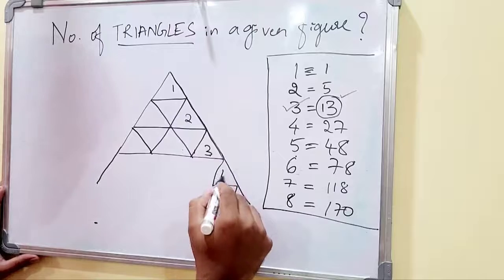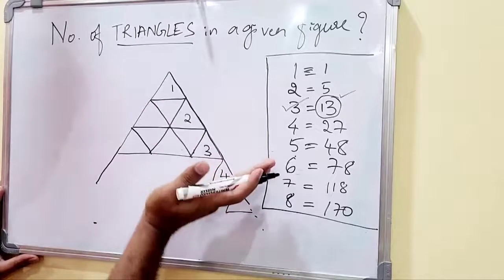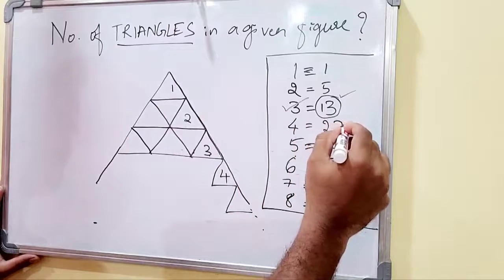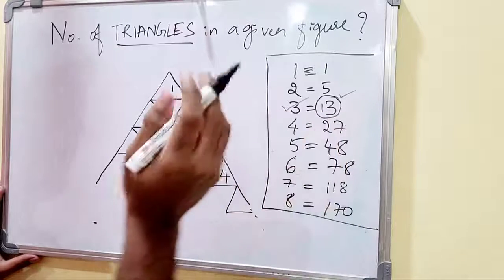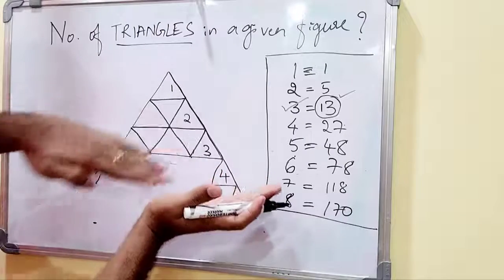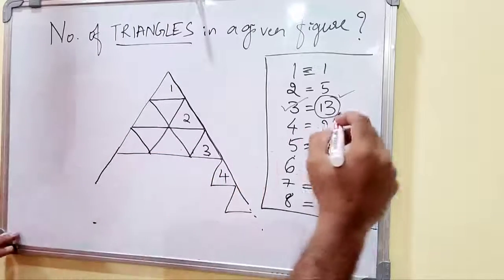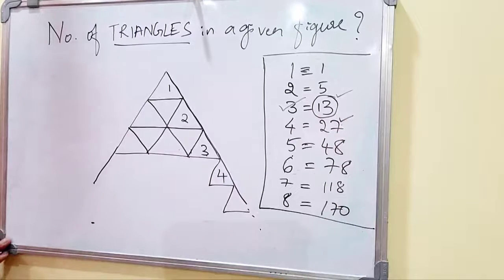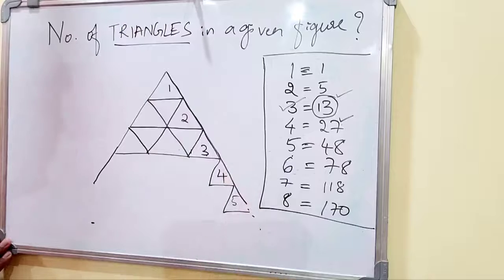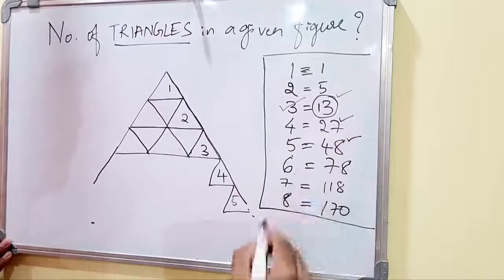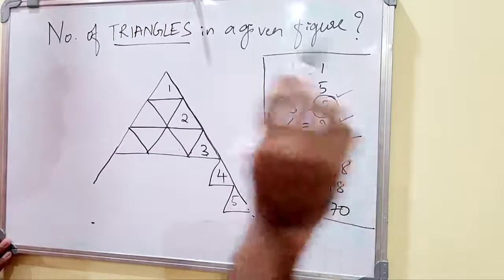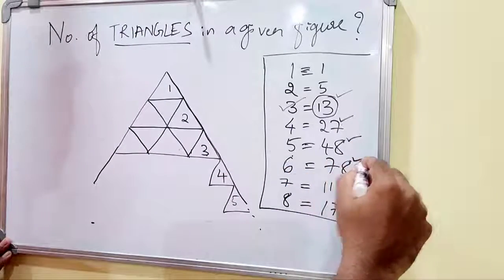If there are 4 triangles on this side, then 4 contributes to 27, and hence the total number of triangles that this whole figure contributes is 27. If there are 5 triangles on this side, then it contributes 48 triangles, and so on. If there are 6 triangles on this side, then it contributes 78 triangles.